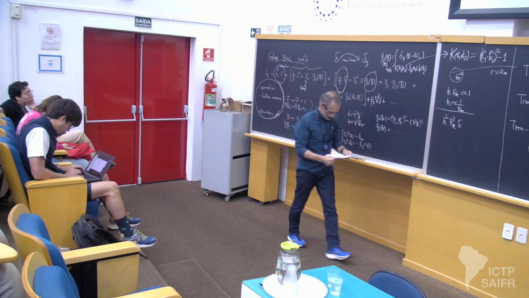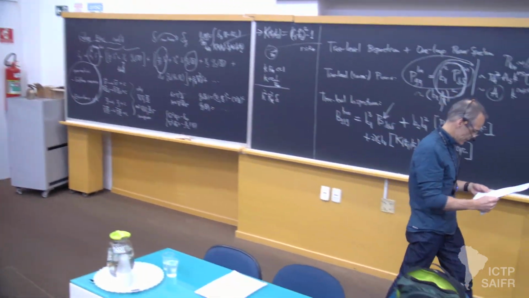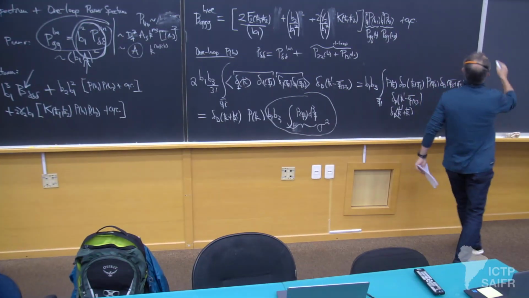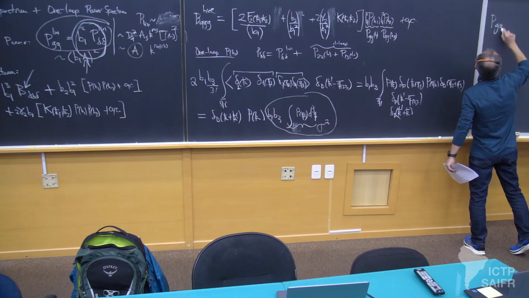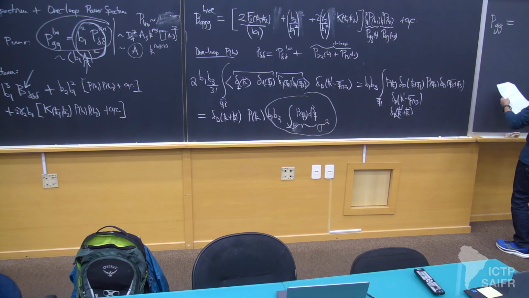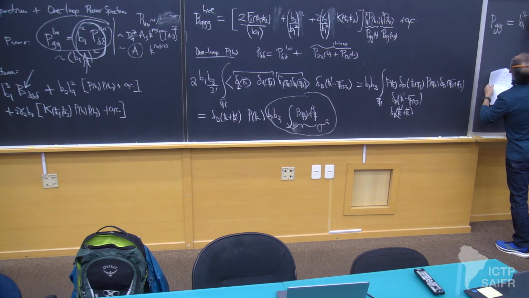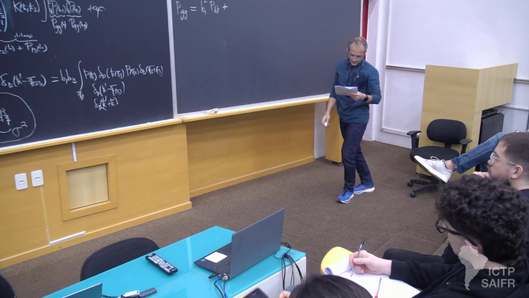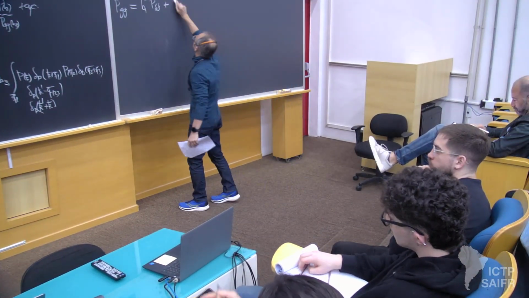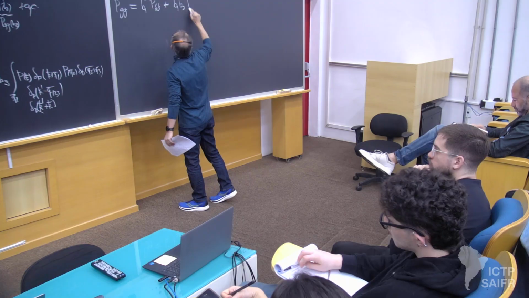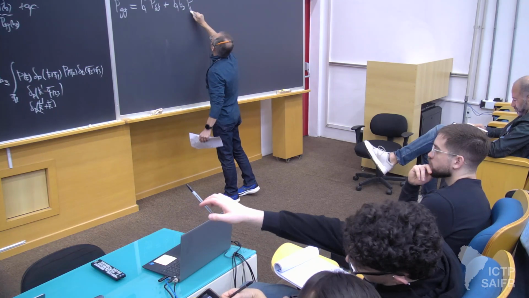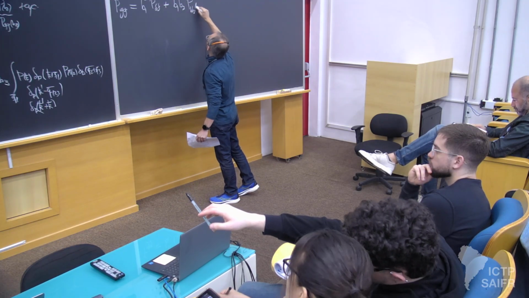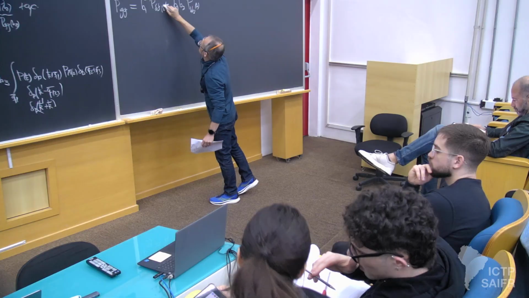Okay? So after all that, we can write the power spectrum to one loop in terms of observables. So it will be the leading order term that we already had, and then all the terms. I'm not going to write all the expressions because they're very long and not very illuminating.